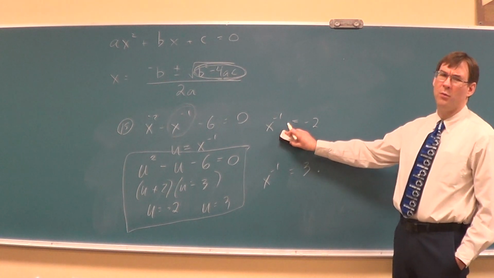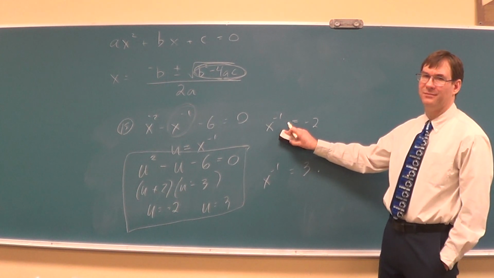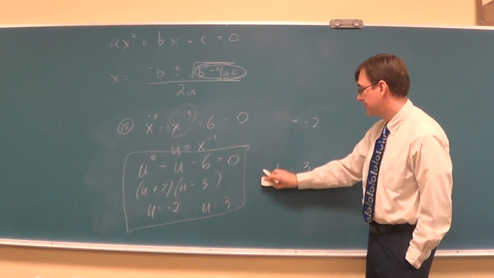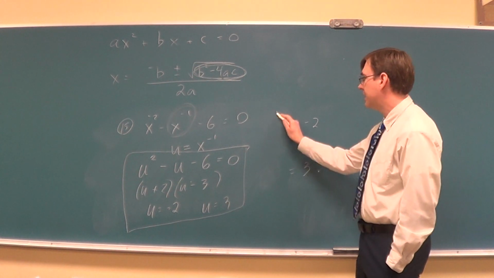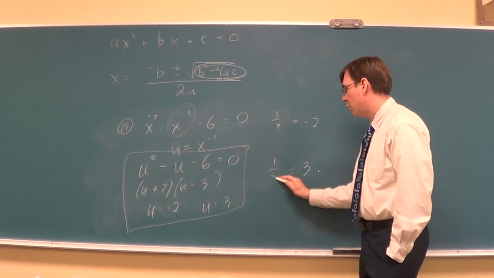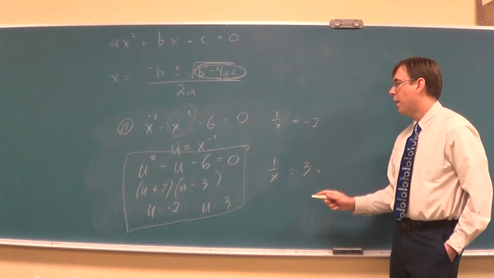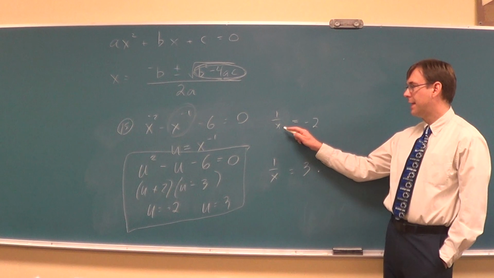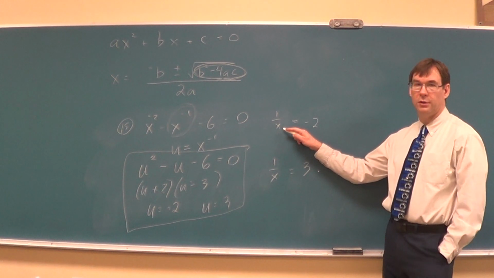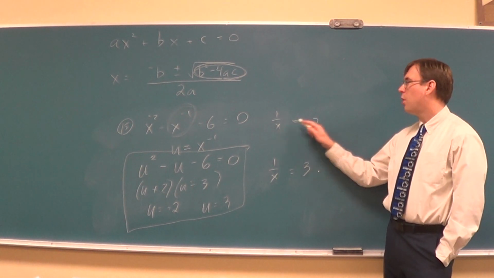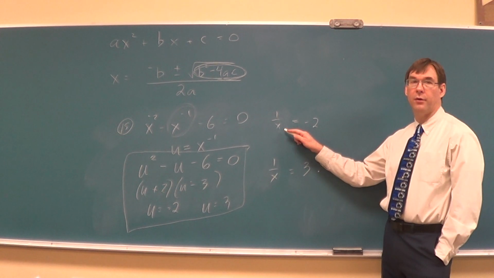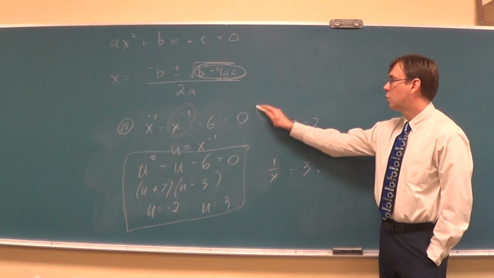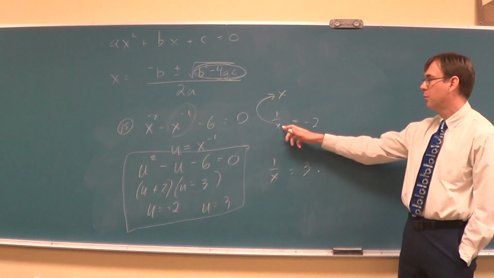Does anybody remember what x to the negative 1 meant? 1 over x. It is 1 over x. So alternative identity, maybe people are more comfortable with that. We don't want to know 1 over x, we want to know x. So how can we get this opposited? We could multiply by x, there's a simpler way to go. What's the quickest path to get to x from where we are?